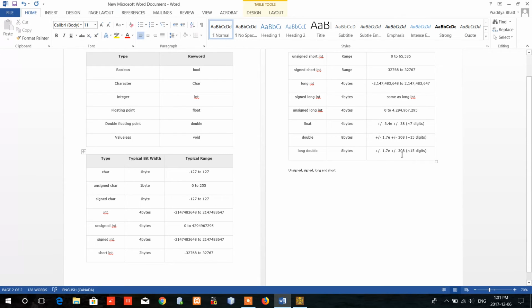Long double doesn't do much because there is a limit to how much the compiler can store. So this was a quick overview on data types and the data type modifiers, their range and their sizes.